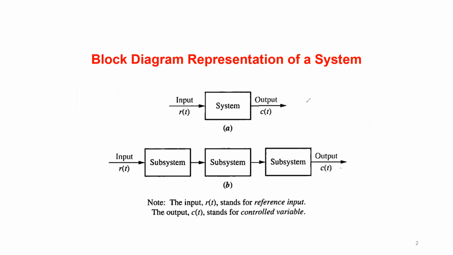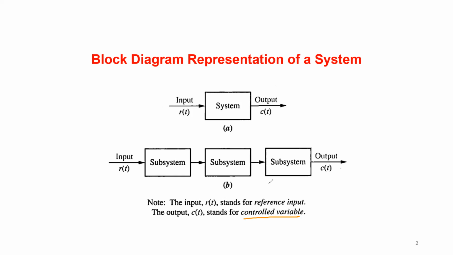Look at this one. This system can be divided into 3 blocks, 3 subsystems. R(t) is the input, C(t) is the output, and C(t) is also known as the control variable.